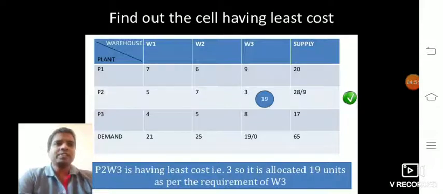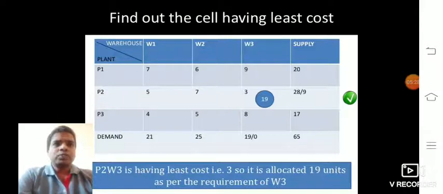Here 3 is the least cost, that is the P2 W3 cell. For that cell, the supply is 28 and the demand is 19.